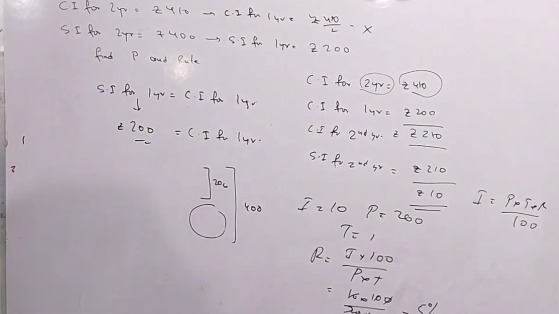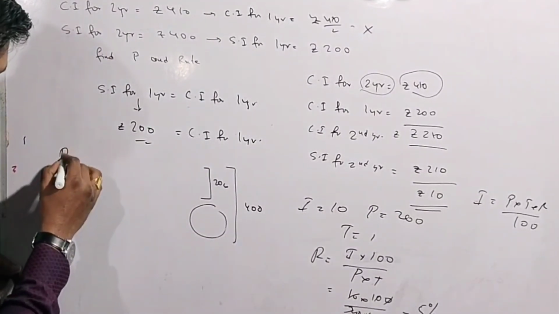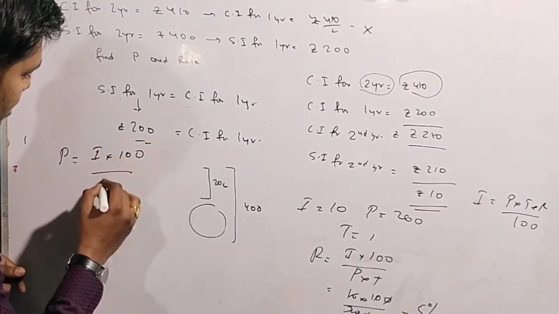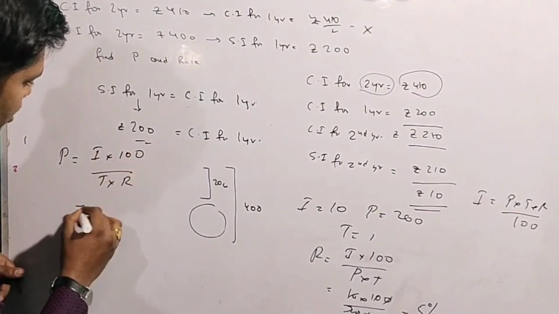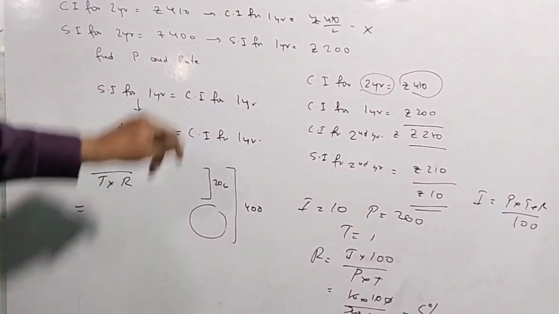After that you can find out the principal, because you have got the rate and everything. Now the principal you can find out because you have the interest also. The principal formula will be I into 100 by time into rate. This is a simple interest formula. So what is the interest?